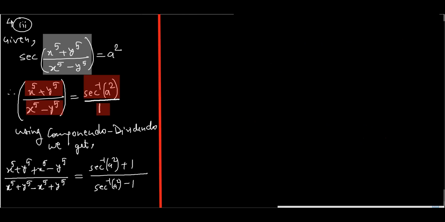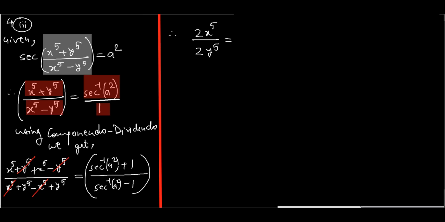Now here what happens is this y raised to 5 cancels and down here x raised to 5 cancels. So you have therefore 2 times x raised to 5 upon 2 times y raised to 5 equals, look at this, everything is a constant.